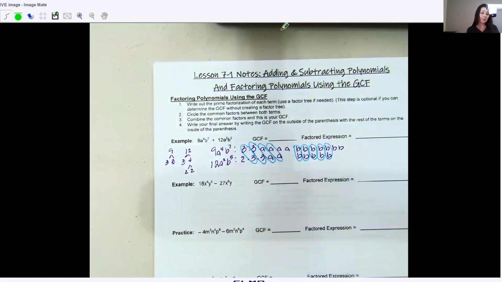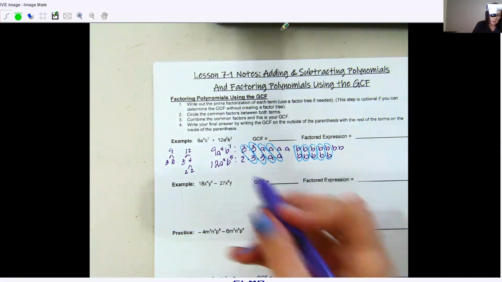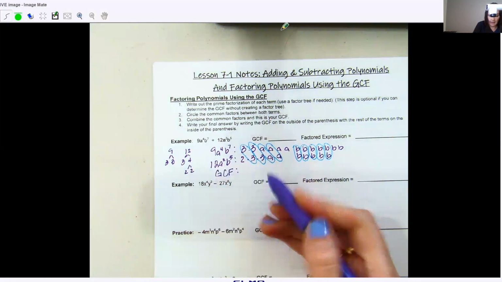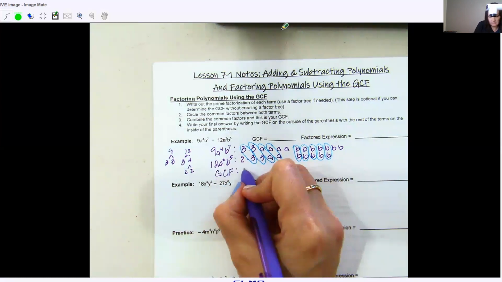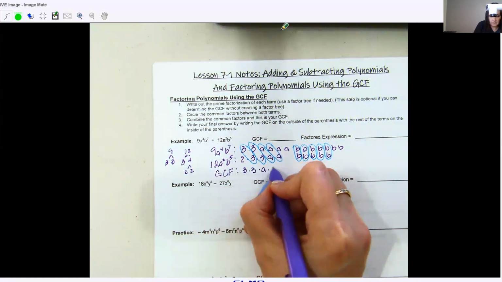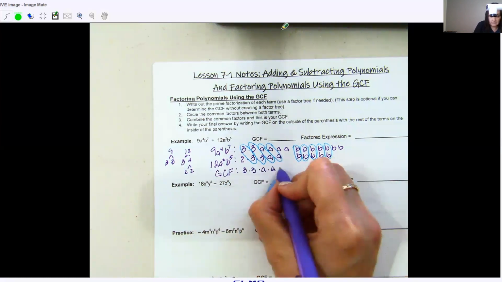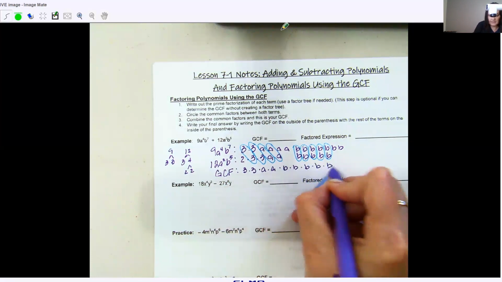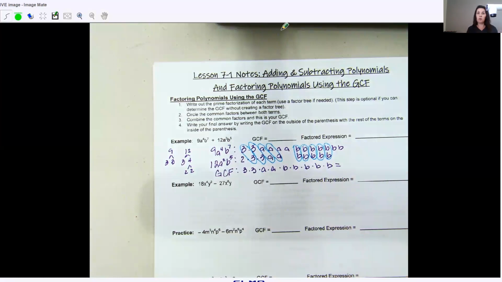So that's step 2. Step 3 says to combine all of the common factors, and that is your GCF. So I have GCF here, and I have 3's, I have 2 a's, and I have 5 b's. And basically all I'm going to do is multiply them together.